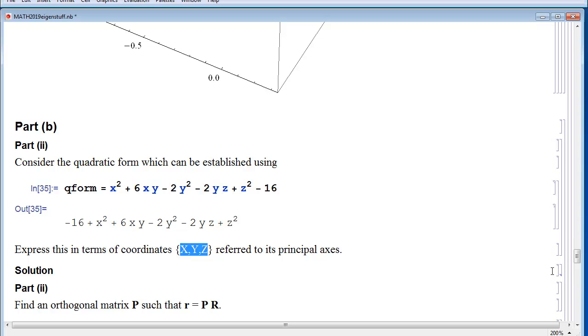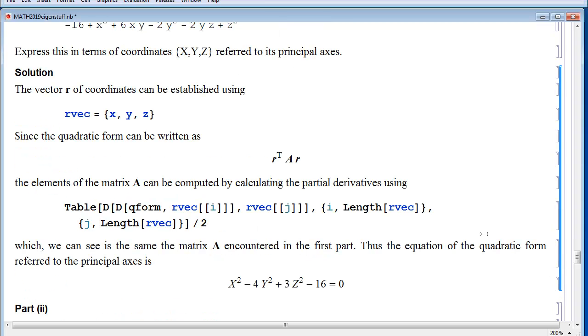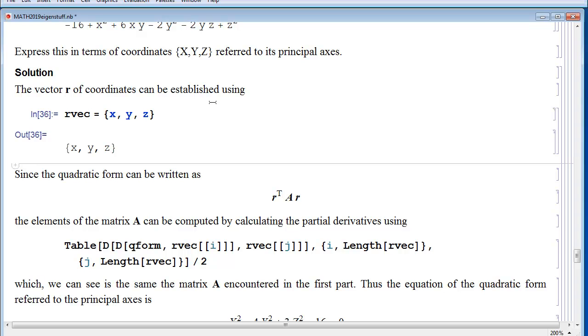So let's see how we do that. Well, we need to establish the coordinates. So we put those in a vector, and then a quadratic form can always be written like this.